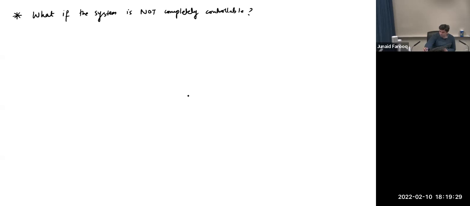Last time we saw one possibility: we can decompose it into controllable and uncontrollable parts.